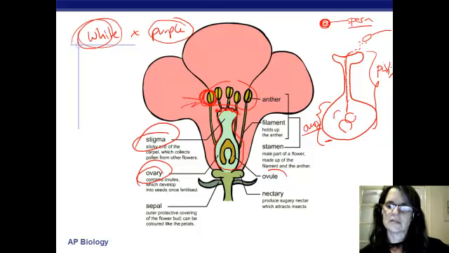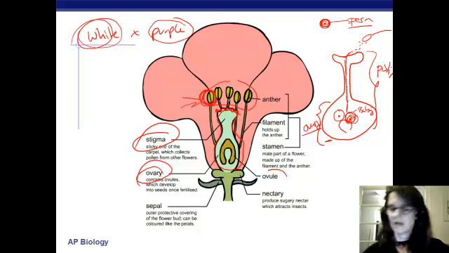Actually, there's lots of these ovules down here. And inside each ovule is an egg. So the sperm has to crawl into an ovule where it will fertilize an egg. And once fertilization happens, then this ovule is going to become a baby plant, which we would call a seed.